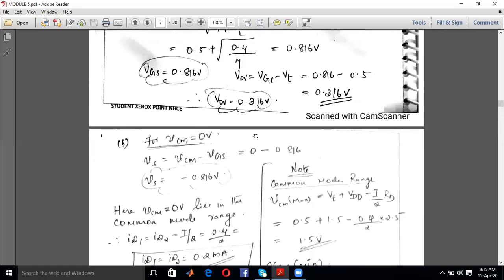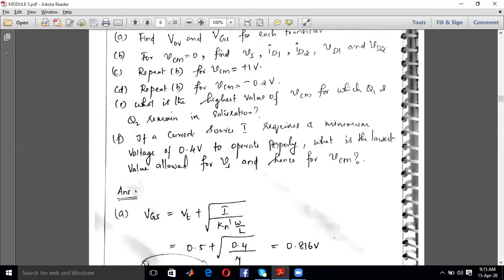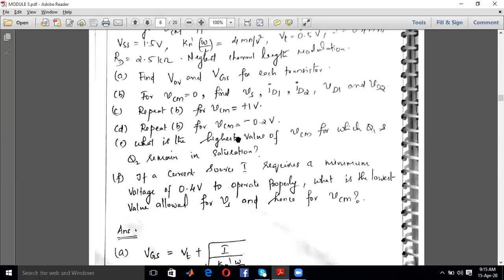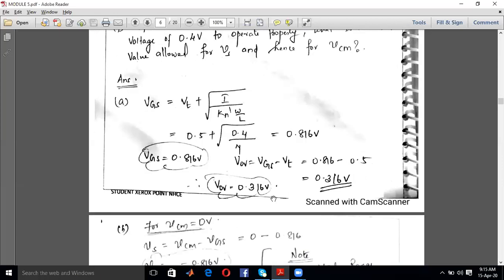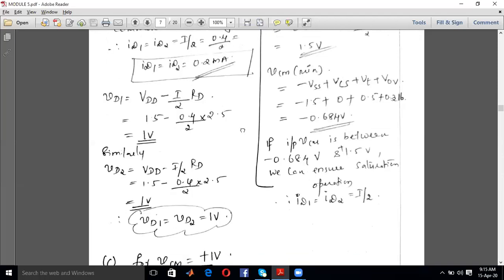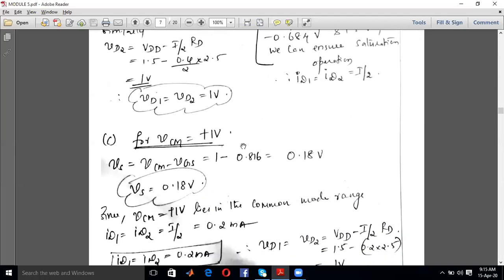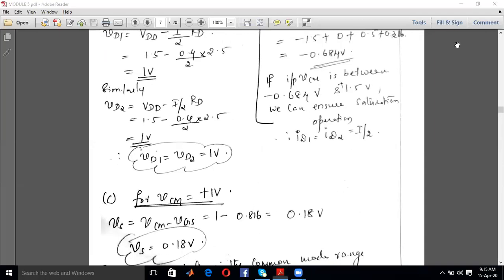That is, if it is for 5 marks, maybe you have to analyze the performance of this amplifier for 2 inputs. Fine. So next we'll be applying another case, that is VCM is equal to plus 1 volt. And we are checking whether that particular input is coming within the range. Again, that 1 volt is also coming in between these two ranges, isn't it?